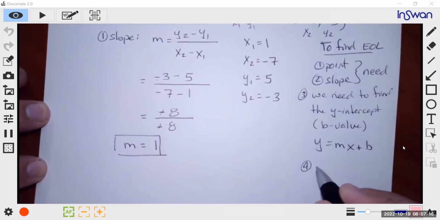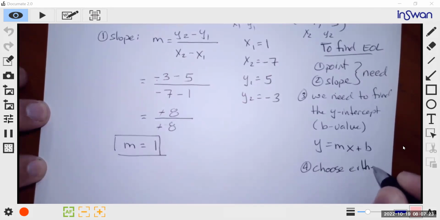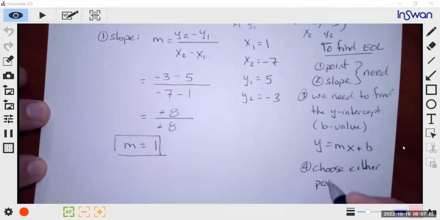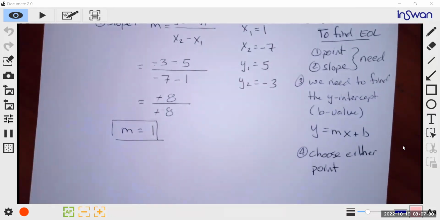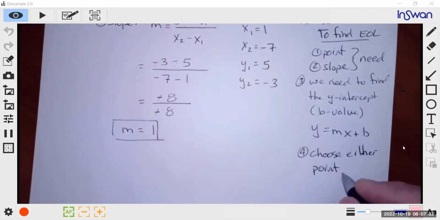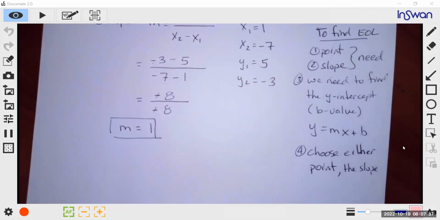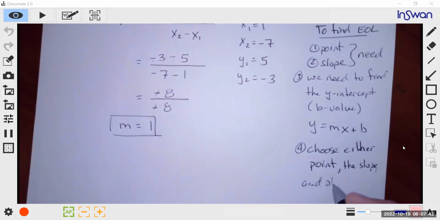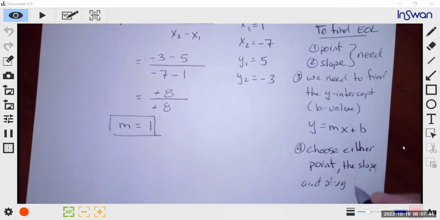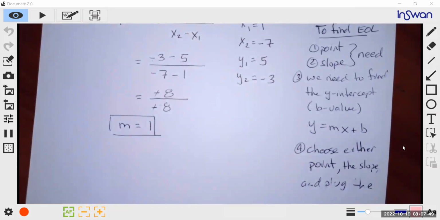Step 4 is choose either point, the slope, and plug them into our equation.